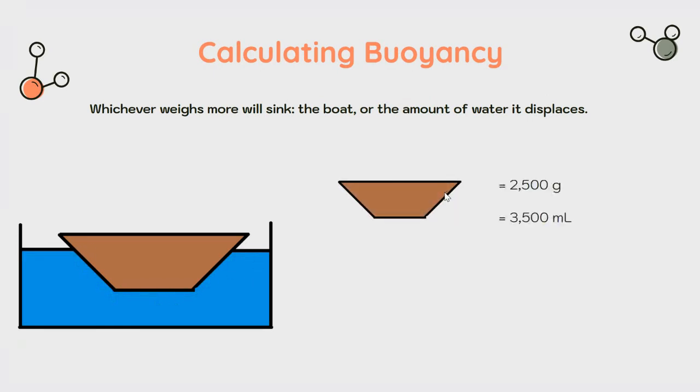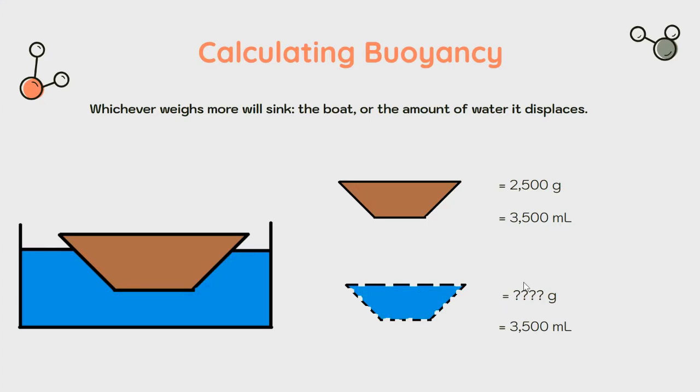So if I say, for instance, that I know its mass is 2,500 grams, and I know that its volume is 3,500 milliliters, which I could get through mathematical calculations and measurements, I actually know something about this displaced water. It would have the same shape as the boat because the boat is taking up that space. So even though I don't know the mass of that water yet, I do know the space that it takes up. It's equal to the space of the boat.